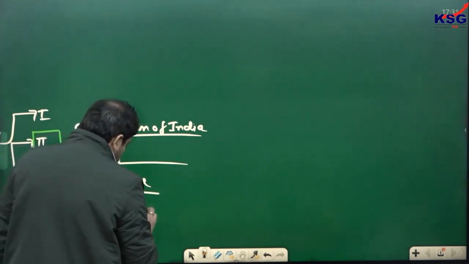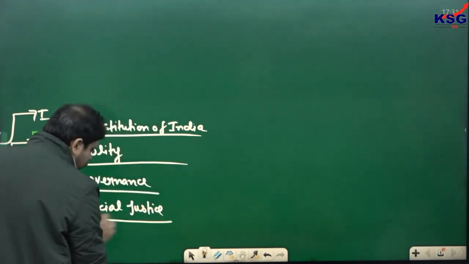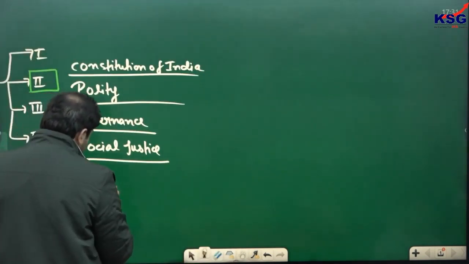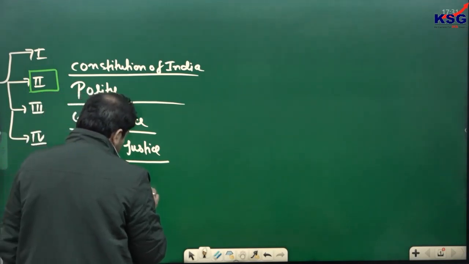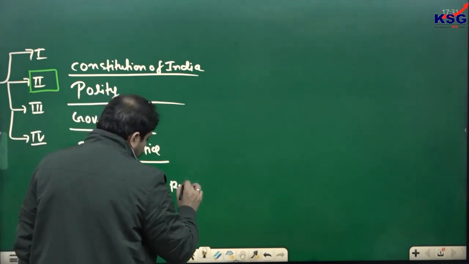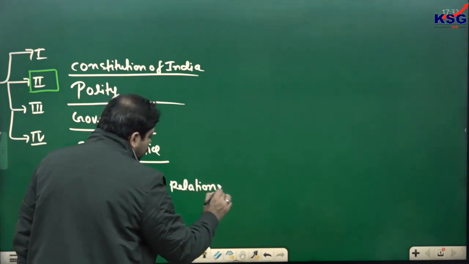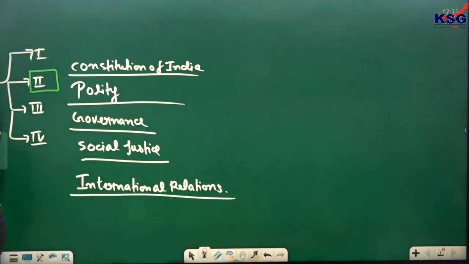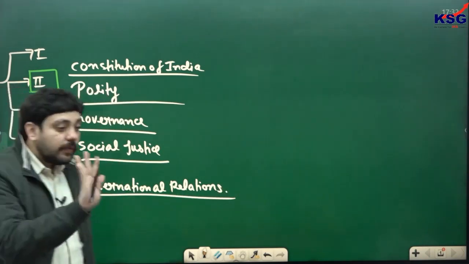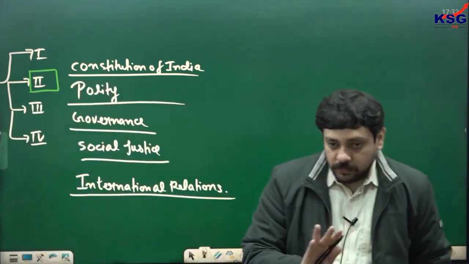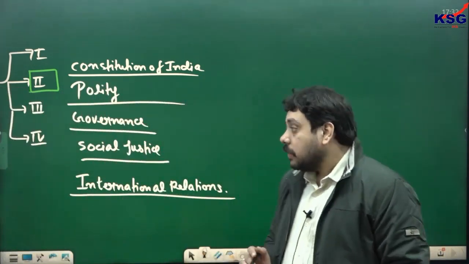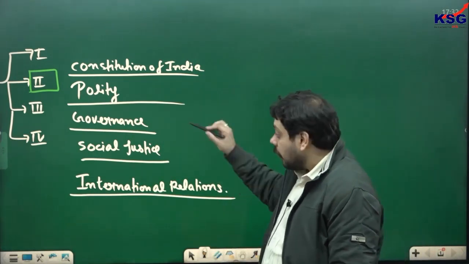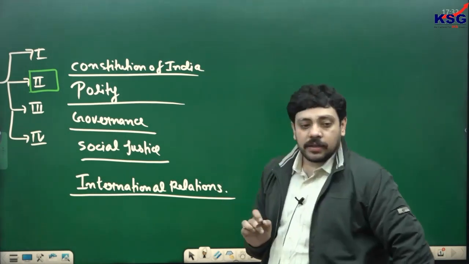Social justice. And international relations. Okay, if you go to the notification of the UPSC, you will find these 5 subjects, or 5 topics perhaps you can say, which are going to be a part of the general studies paper number 2. Constitution of India, polity, governance, social justice, and international relations.